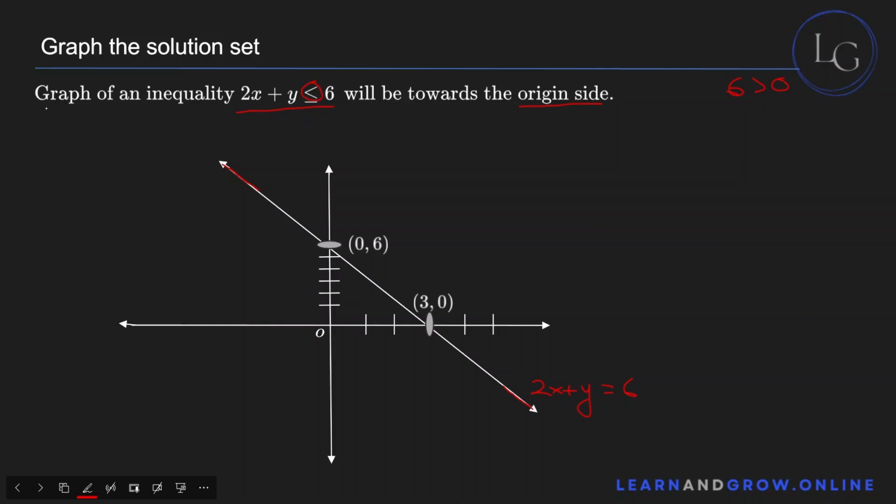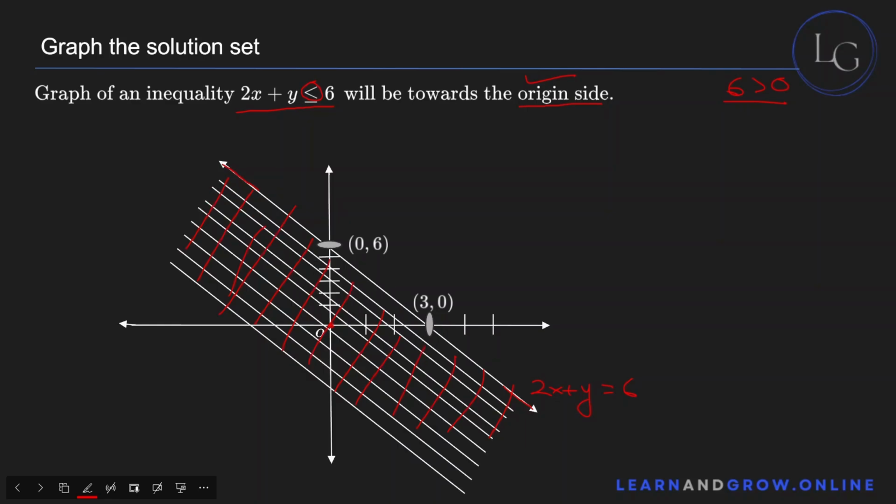Since we found out that the result of the test point was true, the graph will be towards the side of the origin. And this is the origin over here. So you'll shade this entire region. You could have shaded on this side as well, but that is not towards the origin, that is away from the origin. And so yeah, this is how you find the graphical solution of an inequality.